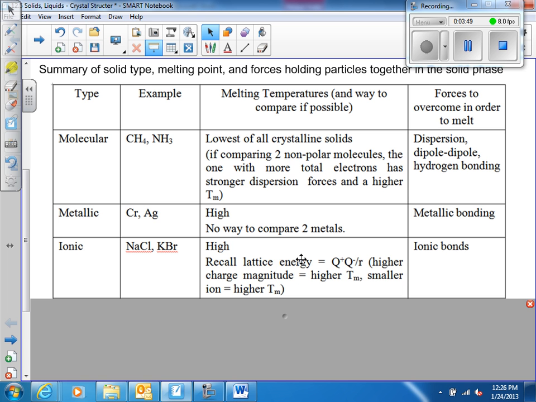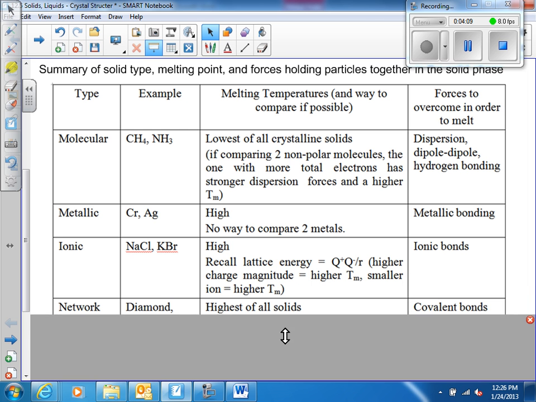And lattice energy we learned a bit earlier: the positive ion charge times the negative ion charge over the radius, the distance between the two nuclei. So the higher the charge magnitude, the higher the melting point. The smaller the ion, which means smaller r, also makes a higher melting point.